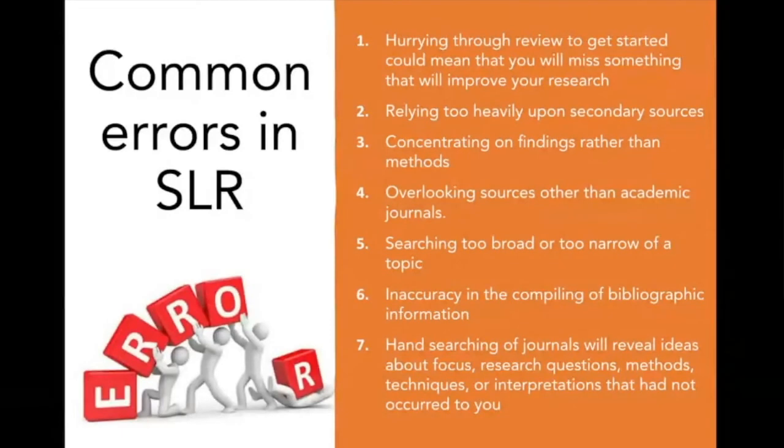Number 4, overlooking sources other than academic journals, focusing more on online sources, on non-scientific literature. That's not good. Number 5, searching too broad or too narrow of a topic. Not good also. And 6, inaccuracy in compiling bibliographic information. This one is about the citation.